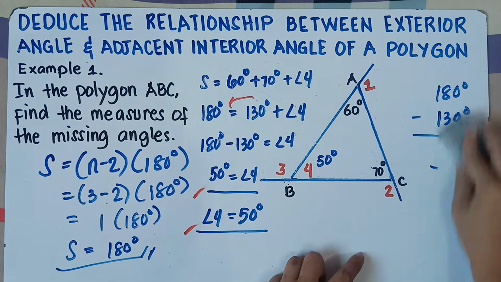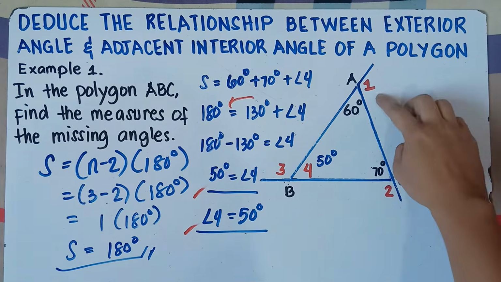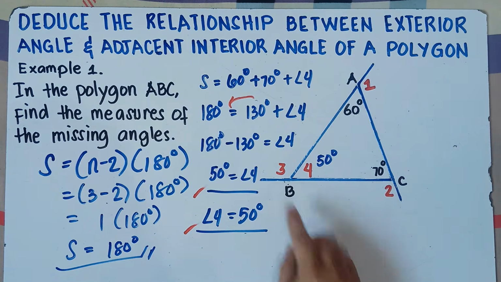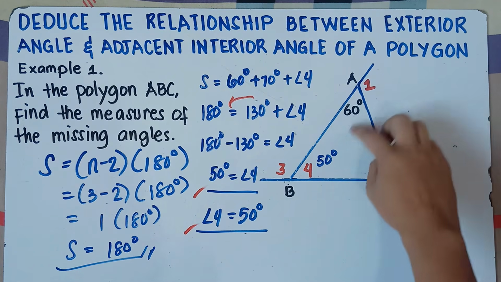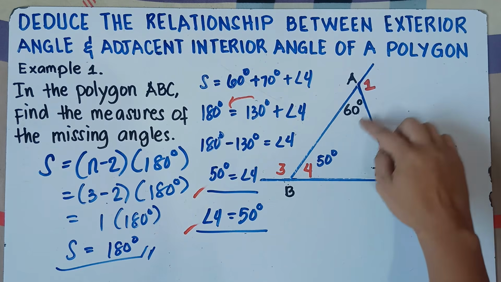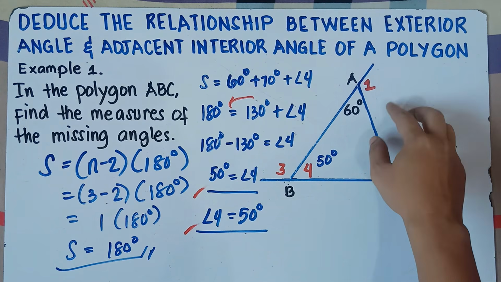Alright, so once you get the interior angles, we can now find angle 1, angle 2, and angle 3. Once again, an exterior angle and its interior angle are supplementary angles. If you add the two angles, it's always 180 degrees.